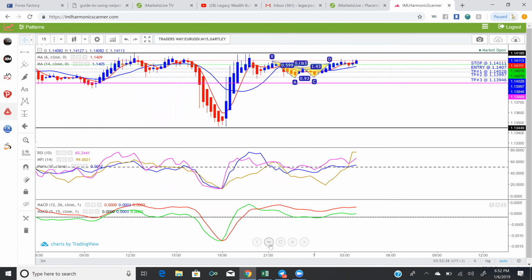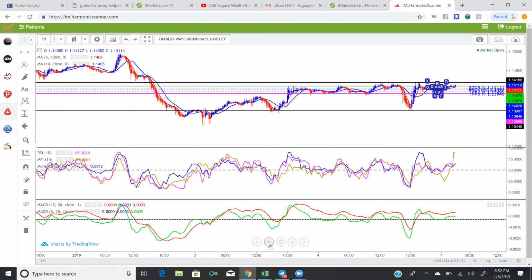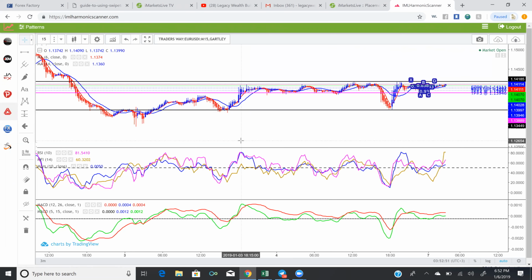Where I drew my support line, look at that. How many times has price touched that peak line? This is the peak line. So how many times have our candles touched our peak line? Give me a guess. Count them and give me a guess. Doesn't matter.